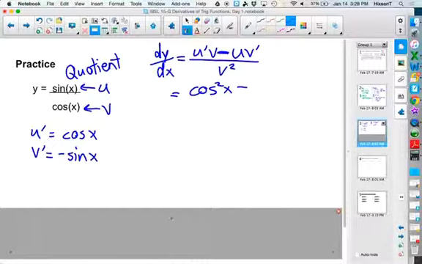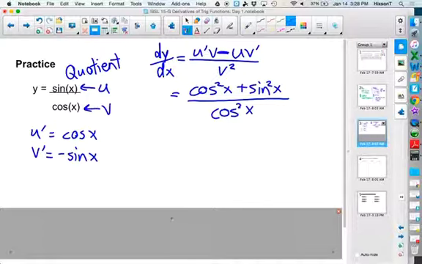That is a minus times a negative sine squared, so that's going to make it a plus sine squared x over cosine squared. Good. Now, here is what you were talking about. What's cosine squared plus sine squared? 1. And what is 1 over cosine?